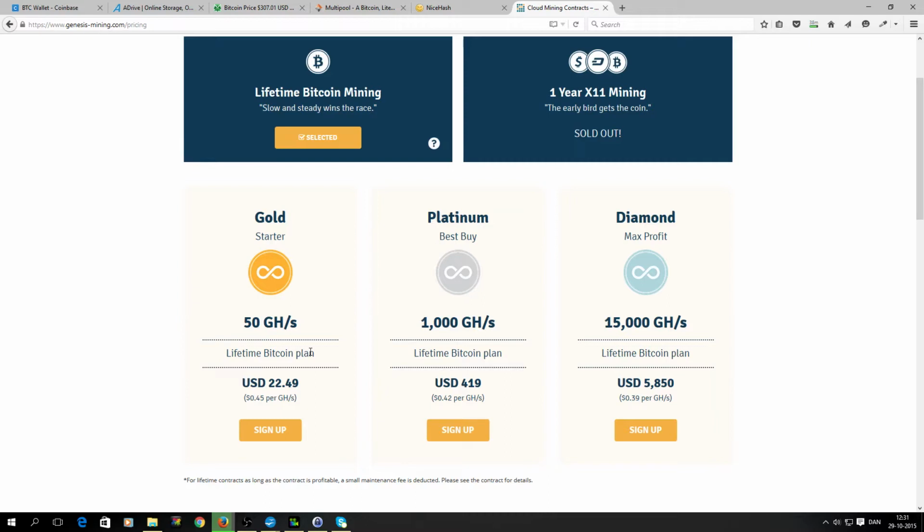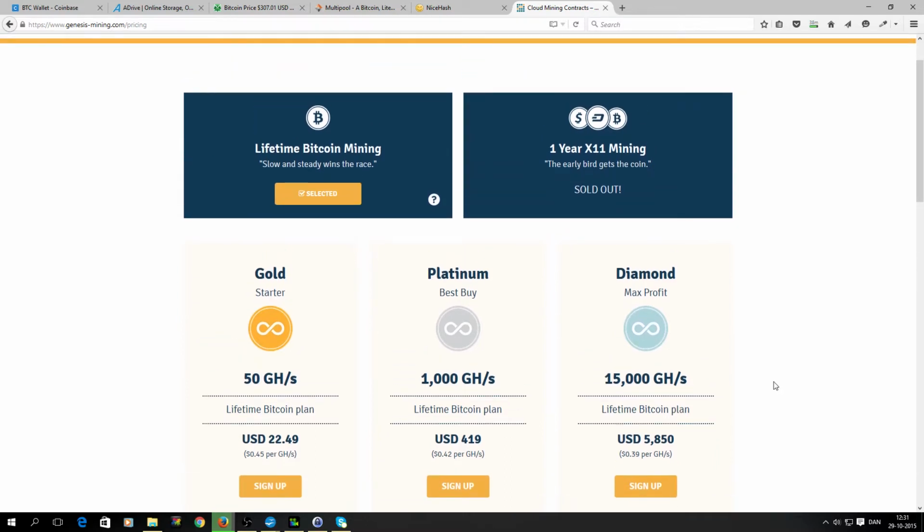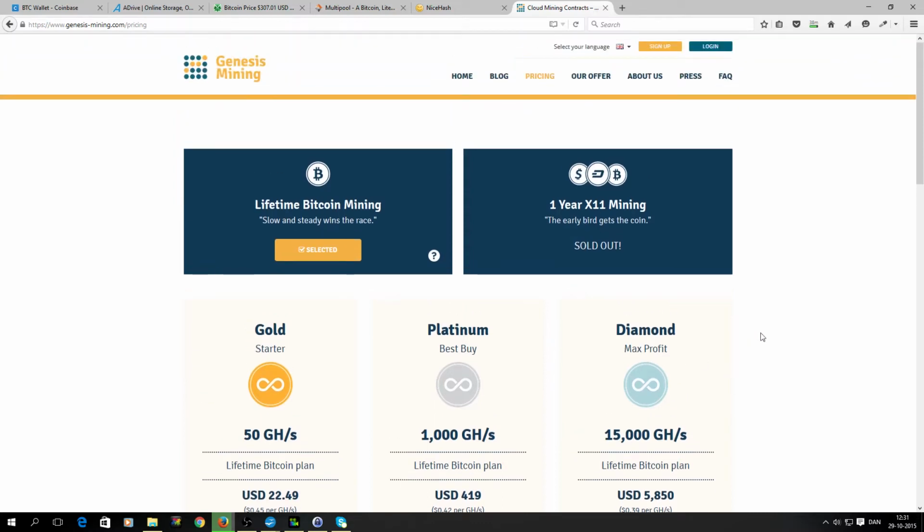So it's hard to say right now if your contract would run for 1 year, for 2 years, for 3 years, for 8 months, or whatever. But it's for sure not a lifetime contract, but a contract until it's not profitable to mine with this service fee anymore.